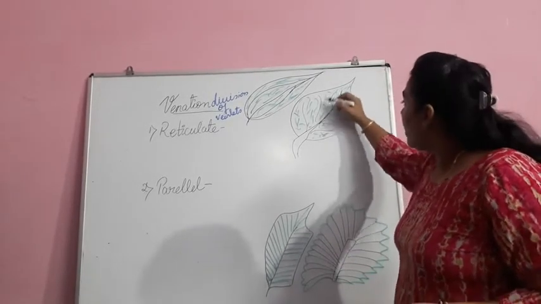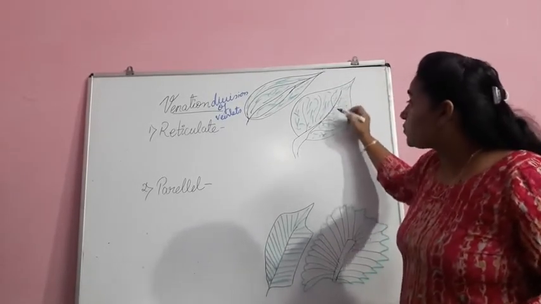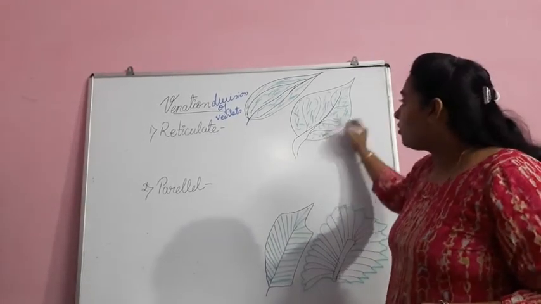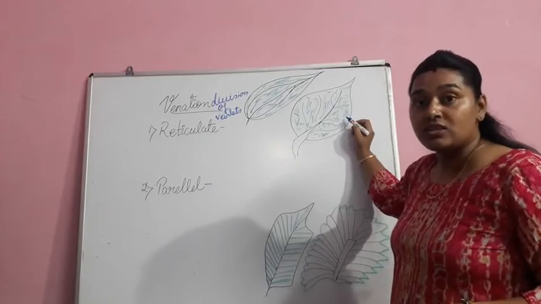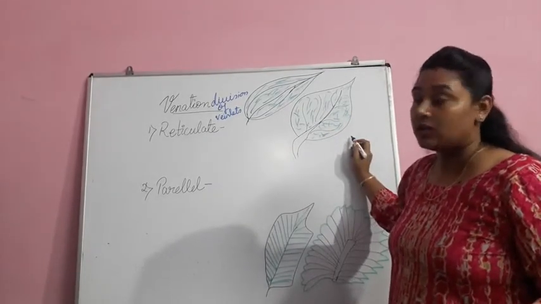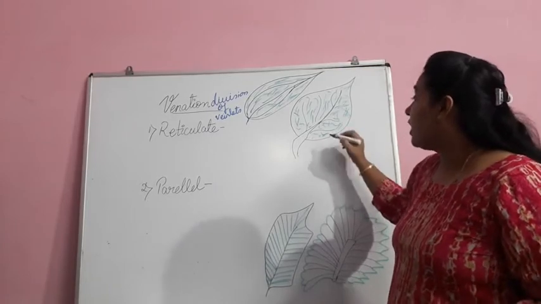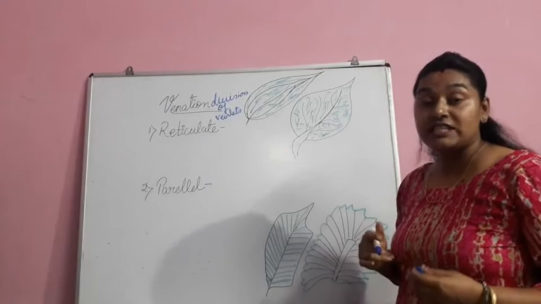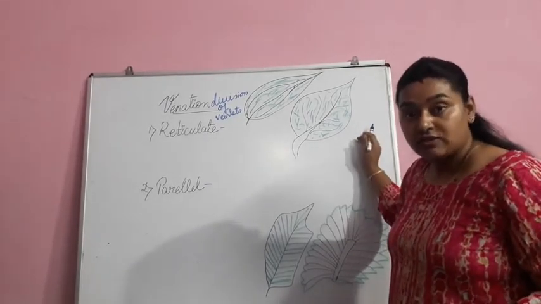The arrangement of all these veinlets, how they have got arranged in the leaves, the study of this is called venation. This pattern is the venation, and now we have to see what the different types of venations or veinlets are which we see in our leaves.